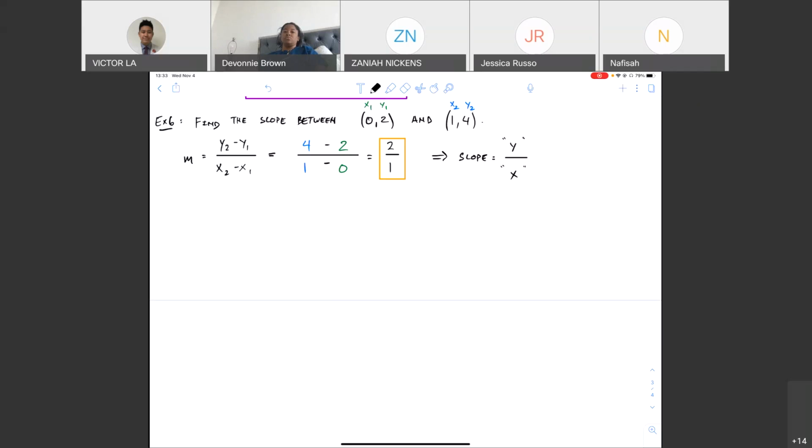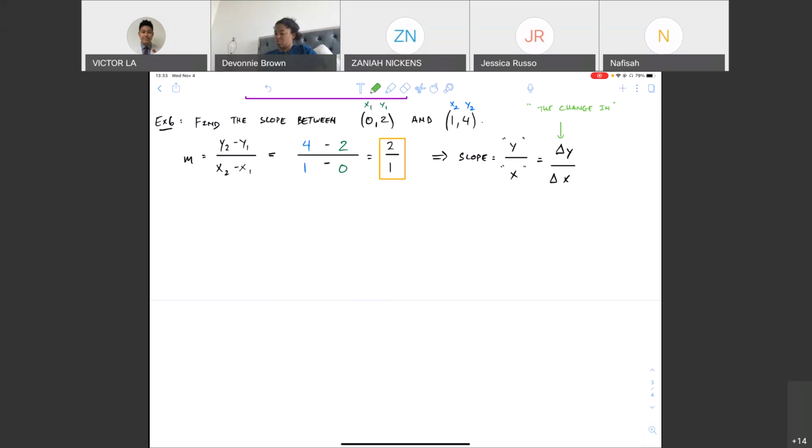You also sometimes see it as a triangle y over a triangle x. The triangle stands for the change. In mathematics and physics, when you see a triangle or delta, it means change. So again, this delta here is the change in the change in.